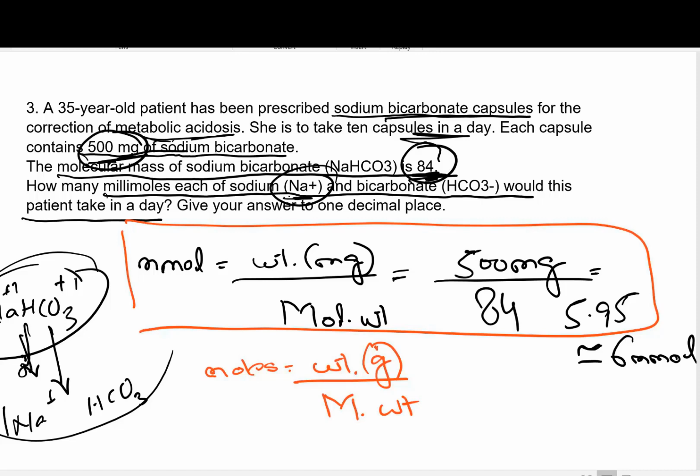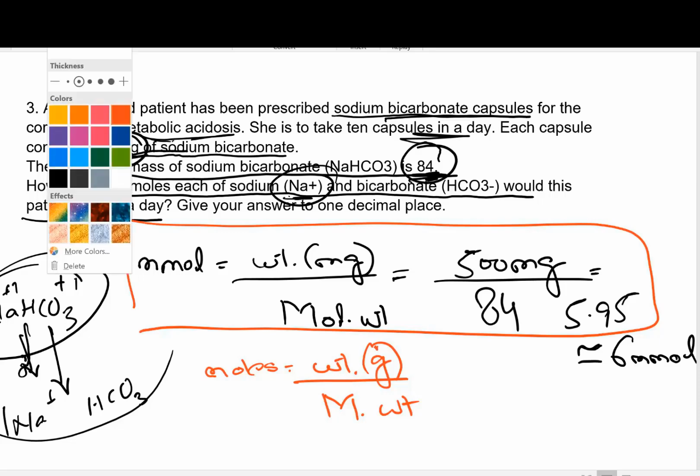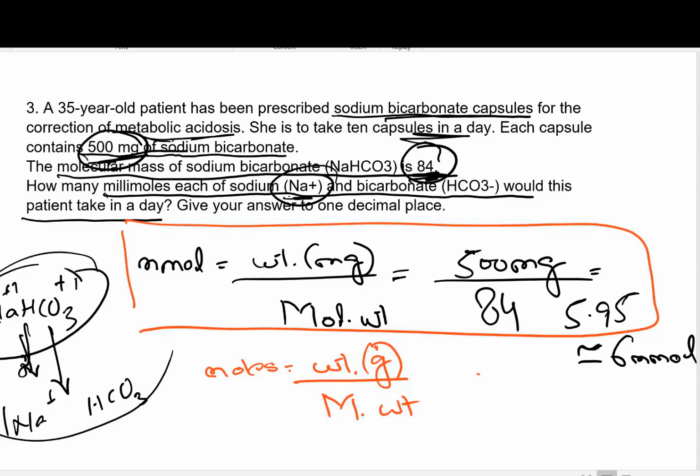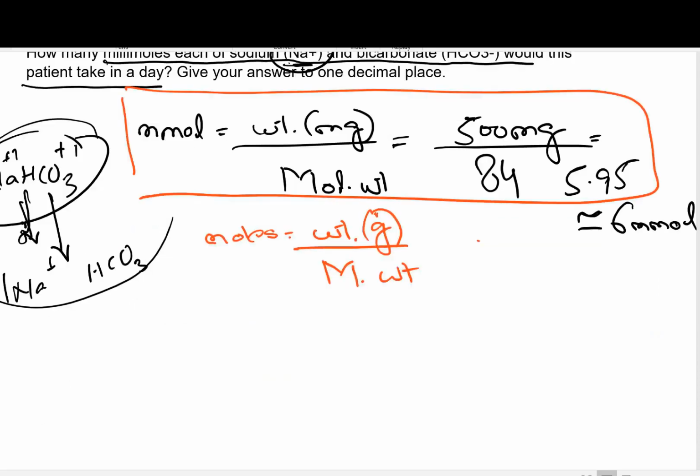So this was the equation for millimoles: millimoles is equal to weight in milligrams divided by molecular weight, and if you're asked to calculate the moles, moles is equal to weight in grams divided by molecular weight. Because it has one valency. In sodium bicarbonate, one molecule has one sodium and one bicarbonate. Okay, that's why it remains the same.